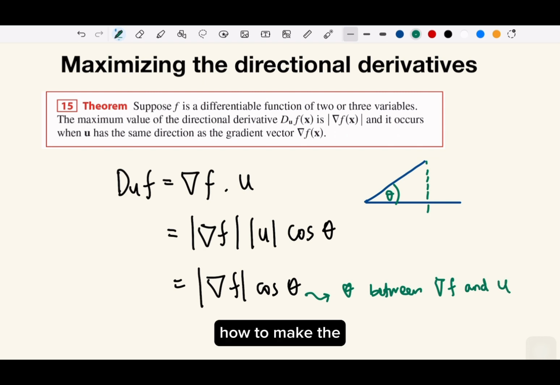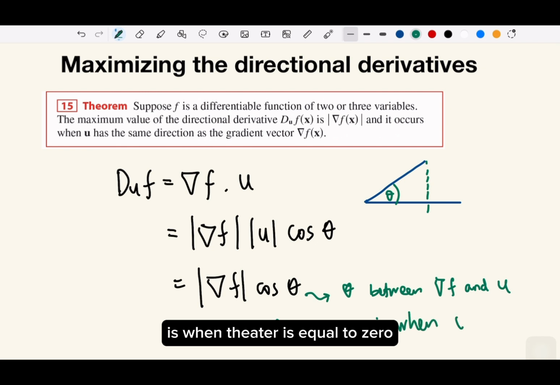How to make it maximum? The maximum of cosine is 1, so the angle should be 0, right? So the max value is when theta is equal to 0.